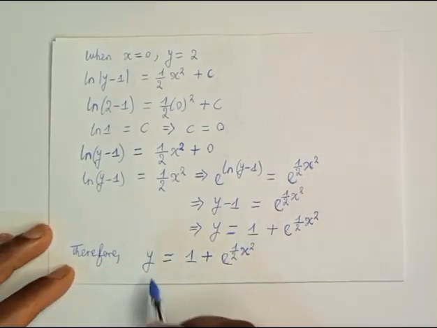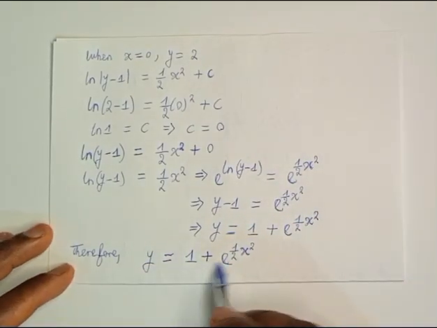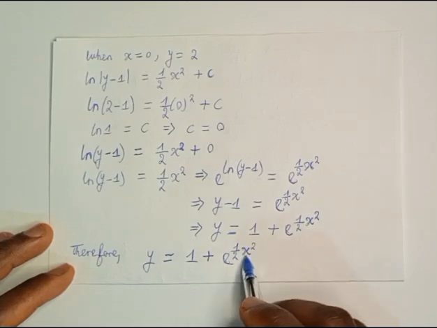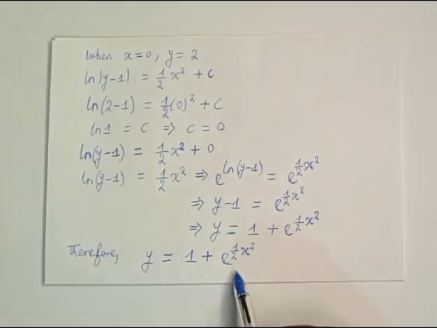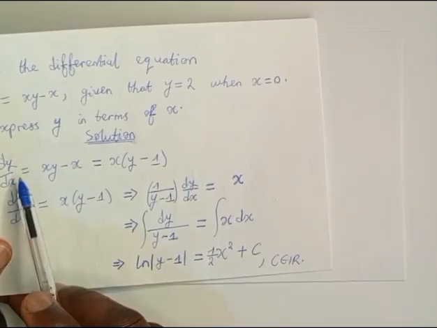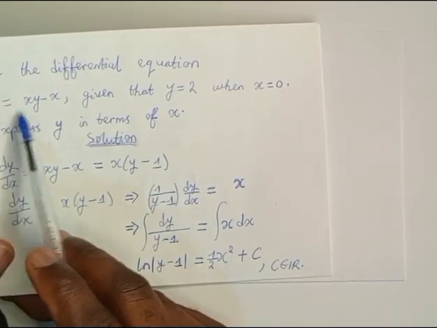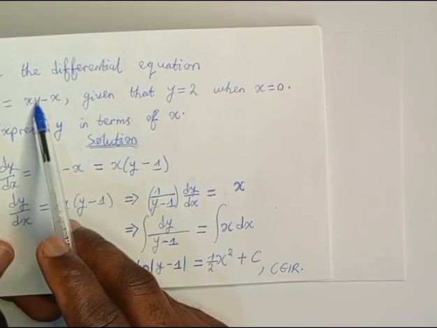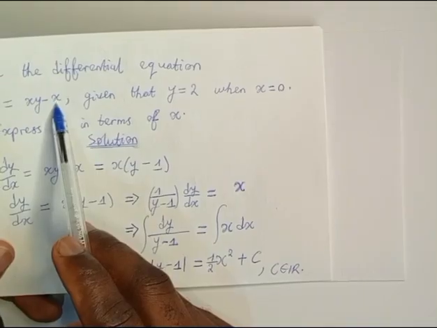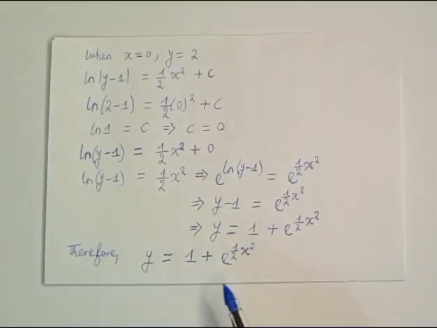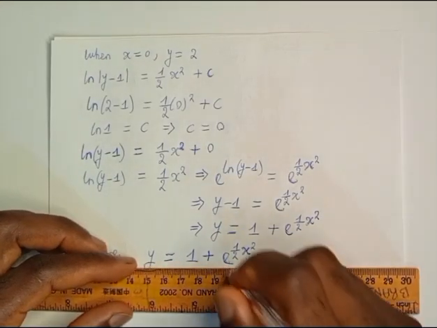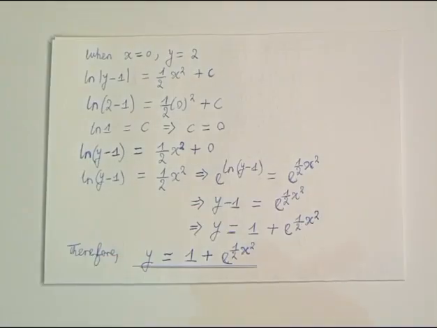It simply means if we differentiate y = 1 + e^((1/2)x²), it is going to give us the differential equation dy/dx, which is equal to xy - x. We underline our answer. We are done with the solution.